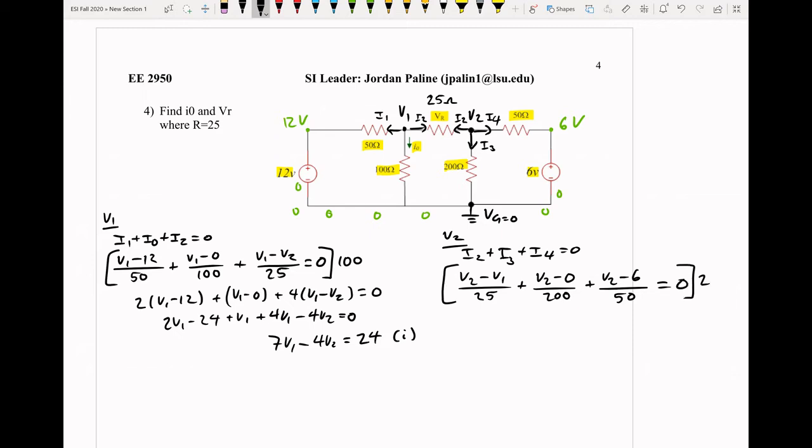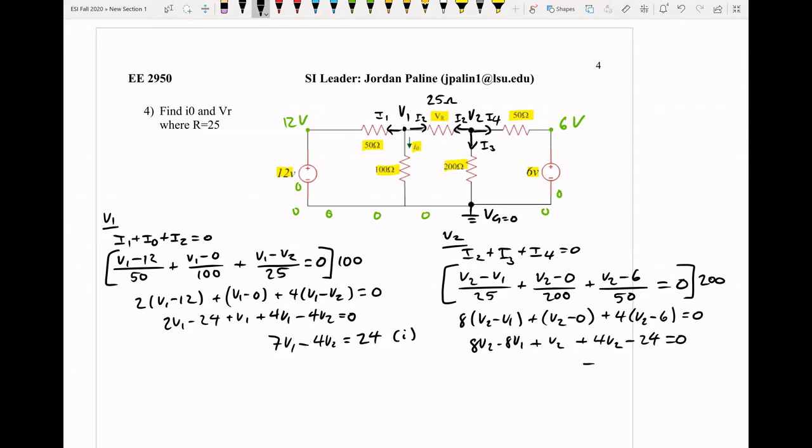And just like before, we'll multiply by a common denominator. This will give us 8 V of 2 minus V of 1 plus V of 2 minus 0 plus 4 V of 2 minus 6 is equal to 0. We'll get 8V2 minus 8V1, plus V of 2 plus 4V of 2 minus 24, equal to 0.